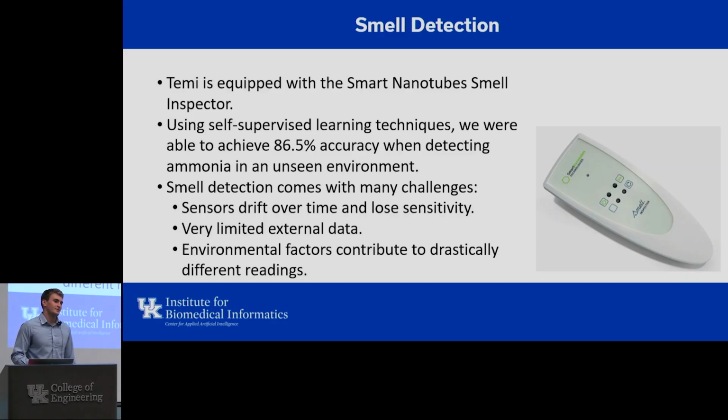There are more efforts recently to make that agreement and make a large-scale data set so that soon, hopefully, a foundational model could be trained on this type of data, and hopefully that could get around some of the aspects like sensor degradation and also environmental factors, because another big challenge is that if you measure ammonia inside and then measure it outside, it's going to look very different, even though it's mostly the same substance, so the environment plays a big factor.